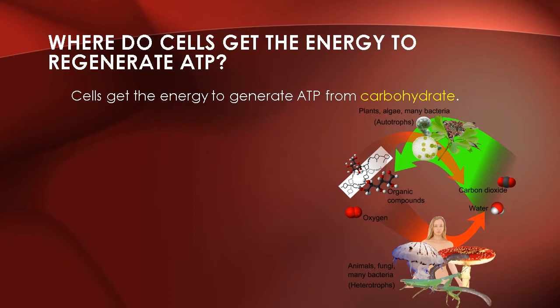Here in this diagram, both autotrophs and heterotrophs get energy from food. These organic compounds are our food, and we get energy from these main sources, carbohydrates, and we also get energy from proteins as well, but carbohydrates are the chief or main source of energy.